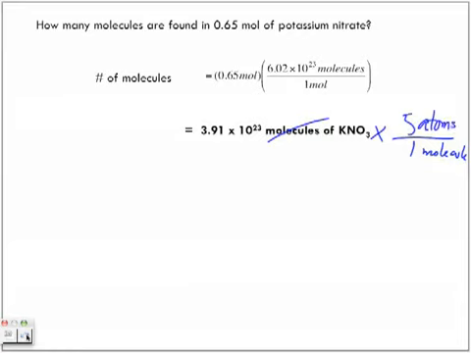So there are 5 atoms in 1 molecule of potassium nitrate, because you're making your reference to potassium nitrate. So we would take this answer and multiply it by 5, if this question was not how many molecules, but how many atoms.